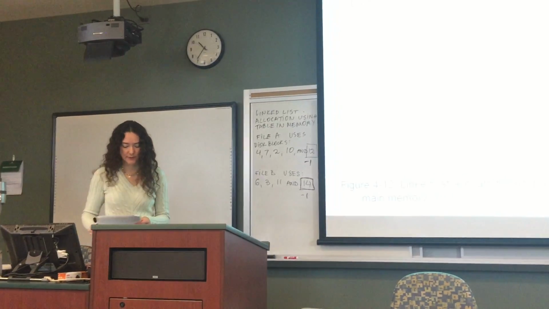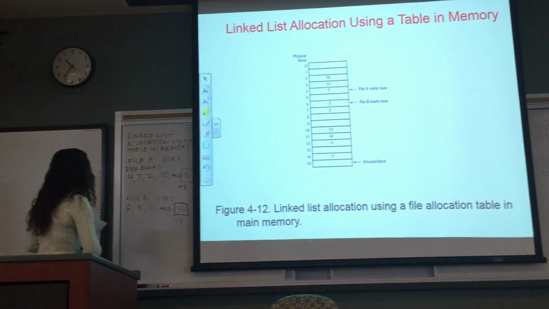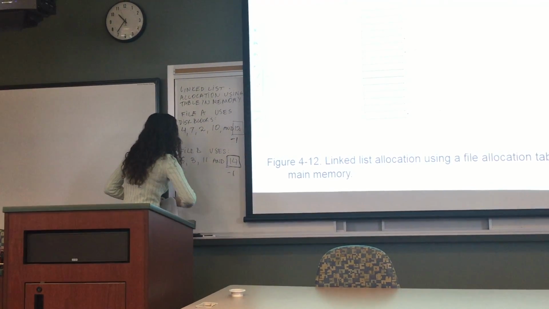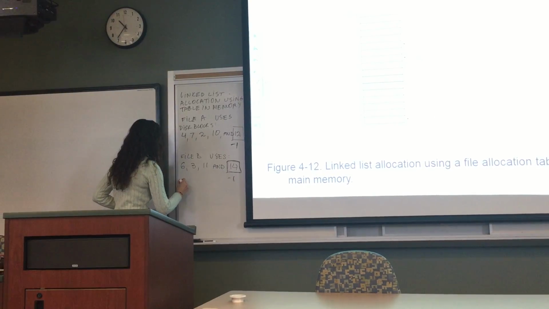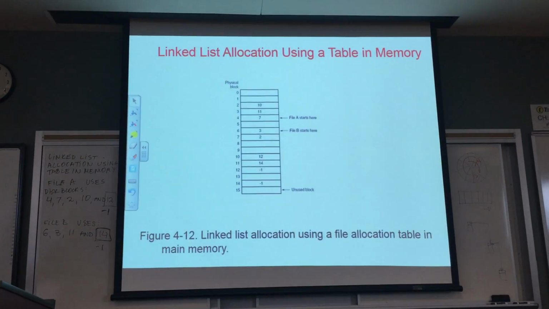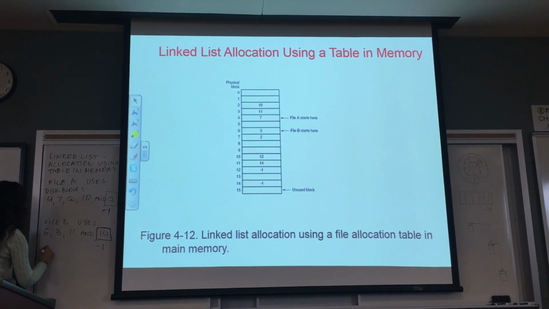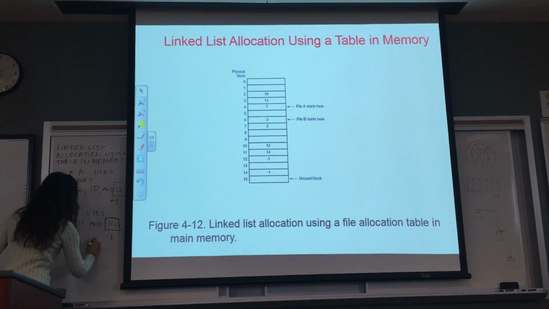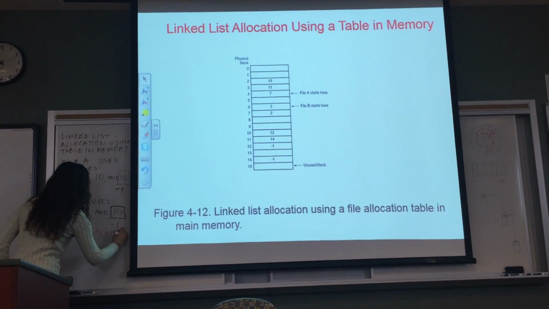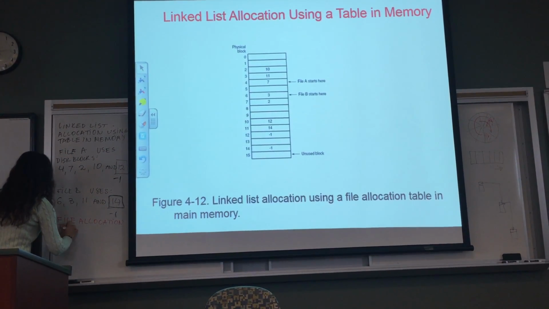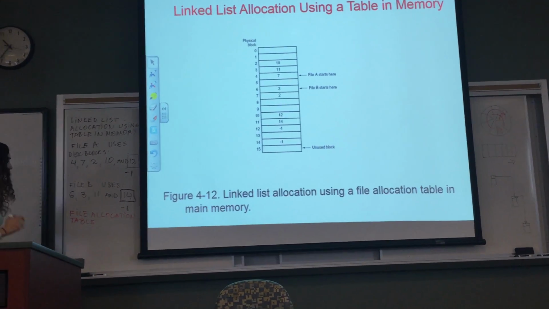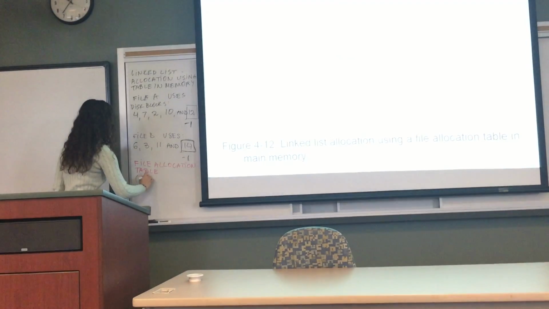So this kind of table in memory is called the file allocation table, or FAT.